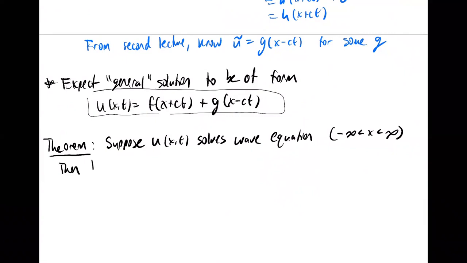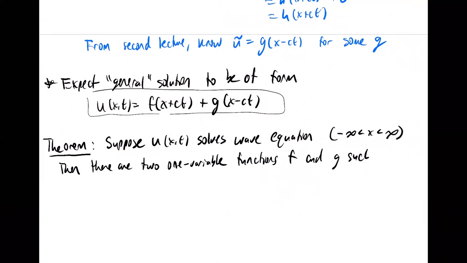The theorem is that there are two functions of one variable, f and g, such that the above formula actually holds. Such that u of x,t is equal to f of x plus ct plus g of x minus ct.